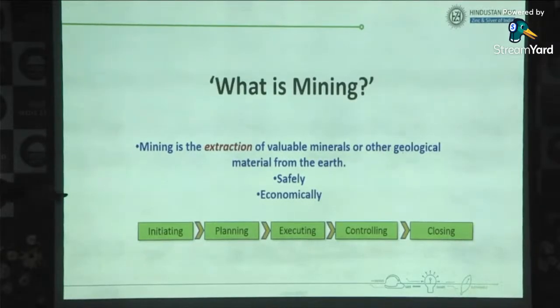After planning, we will do the execution. Operation starts, whatever ramp, shaft, whatever we are developing. Then after establishing a complete mining process, we will make a system to control that complete operation. Then comes mine closure time. So we will move forward in this PPT mainly with these five pillars.